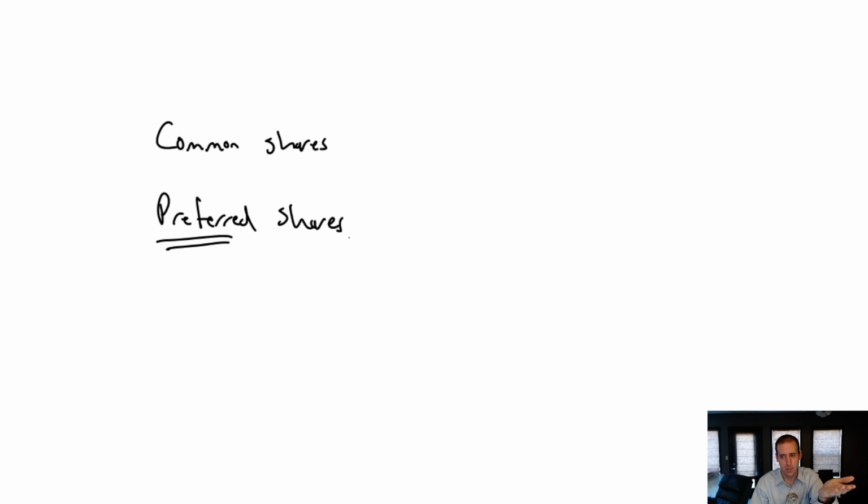And a bankruptcy trustee will have to sort out, okay, who's first in line, who's second in line, who's third in line. Preferred shares get a better location in the line of people asking for money from a bankrupt company than common shares. Common shares are like last in line. They don't generally see much.